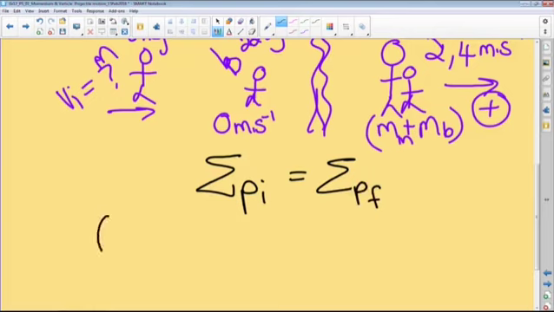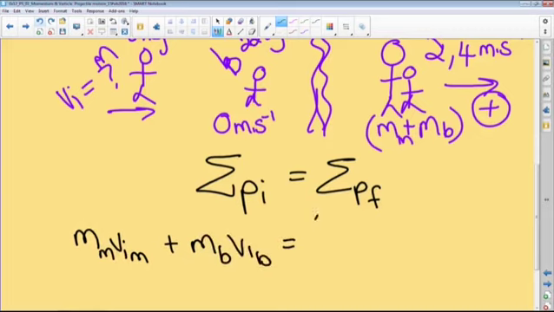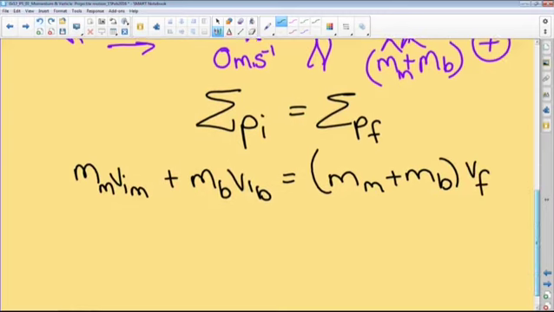Beforehand, the mass of the man and his initial velocity plus the mass of the boy and the boy's initial velocity is equal to their masses added together and their final velocity. They became one object, okay? If you don't recognize they become one object, what you do need to recognize is that they go at the same velocity, so your substitution is important there.